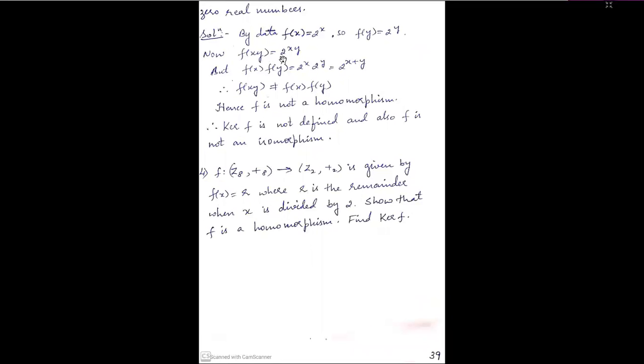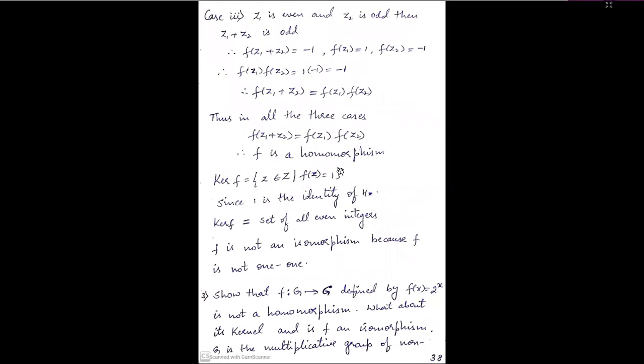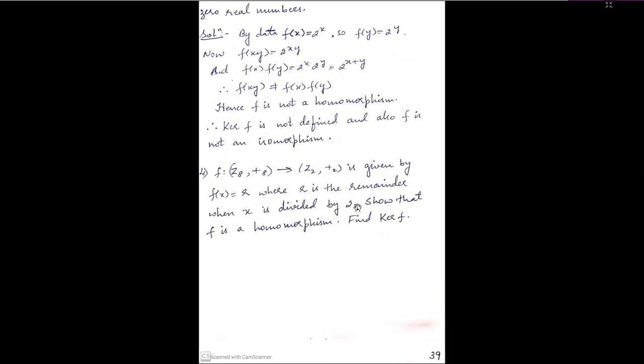F of XY is equal to 2 to the power XY. But F of X into F of Y is equal to 2 power X into 2 power Y, which is equal to 2 power X plus Y. So from these two, F of XY is not equal to F of X into F of Y. Therefore, F is not a homomorphism. Since F is not a homomorphism, the kernel of F is not defined, and also F is not an isomorphism. Always remember, only if F is a homomorphism can you find the kernel of F.